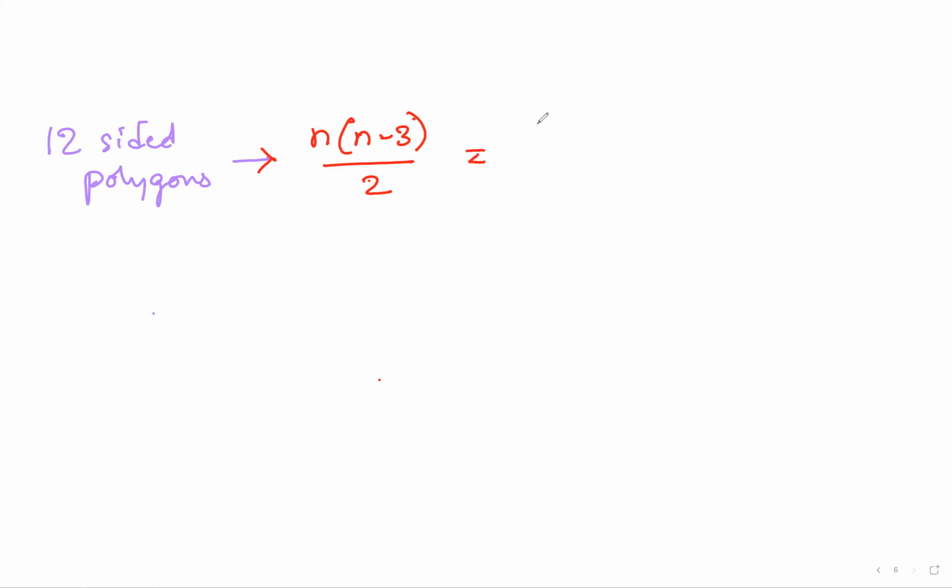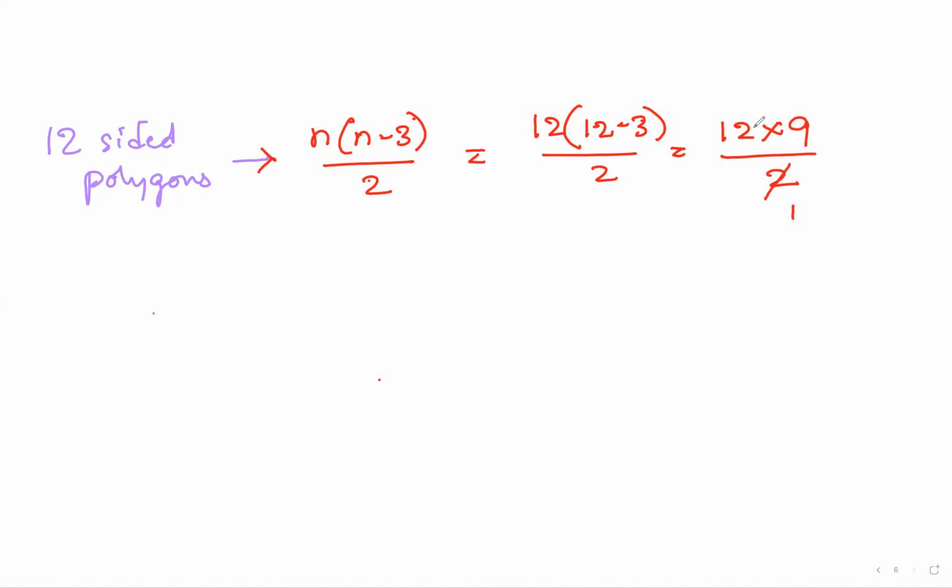Okay. Suppose if you take a 12-sided polygon. For a 12-sided polygon, number of diagonals that can be drawn is equal to, so n, what is the formula? N into n minus 3 by 2. Okay. So if I substitute 12 times 12 minus 3 divided by 2, that equals 12 times, what is 12 minus 3? 9. 9 by 2.